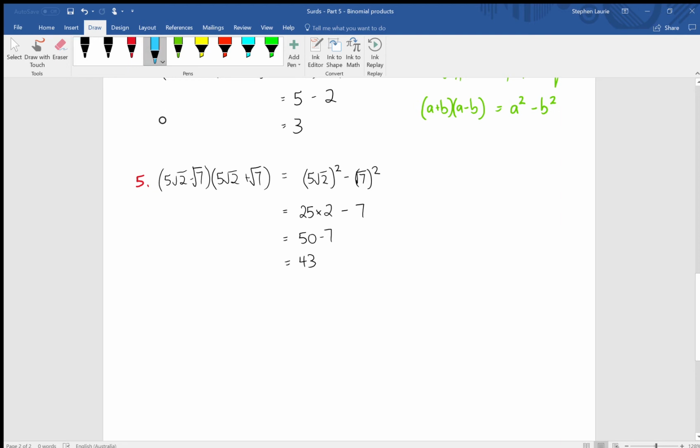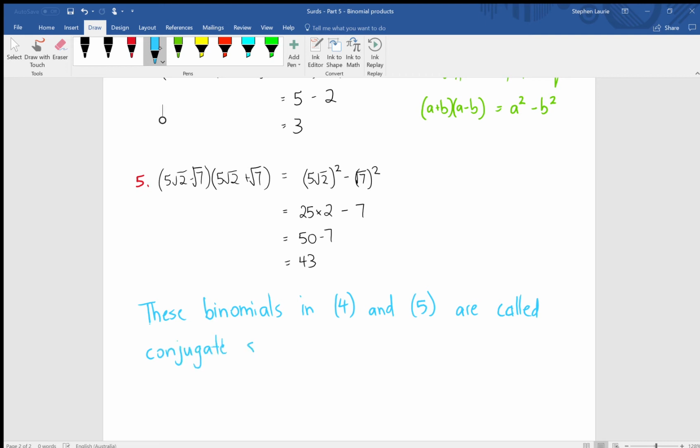So let's just write a little note about that now. These binomials in 4 and 5 are called conjugate surds. The answer is always rational.